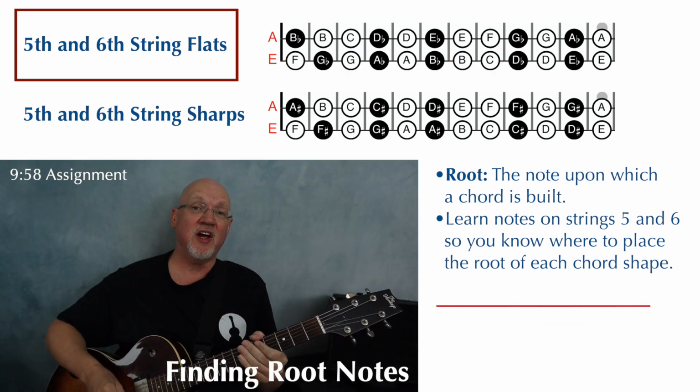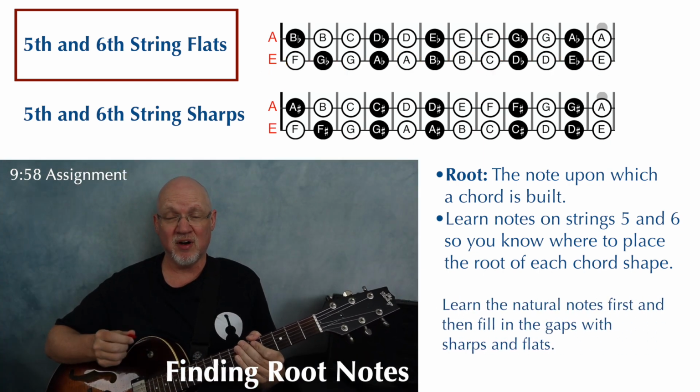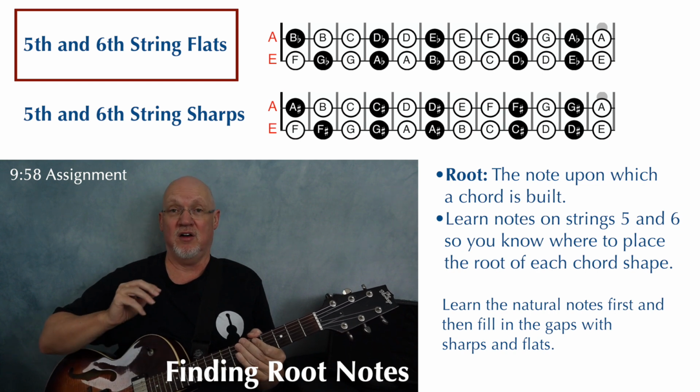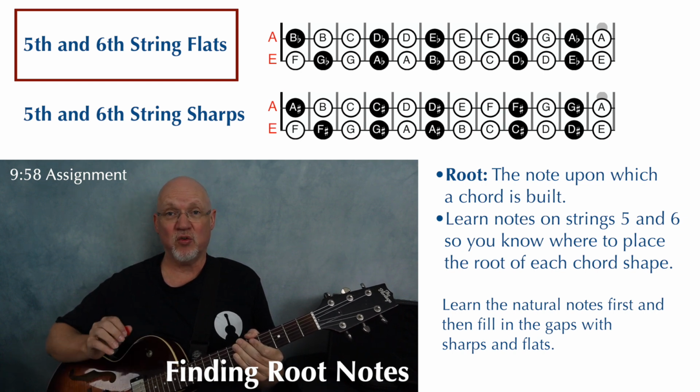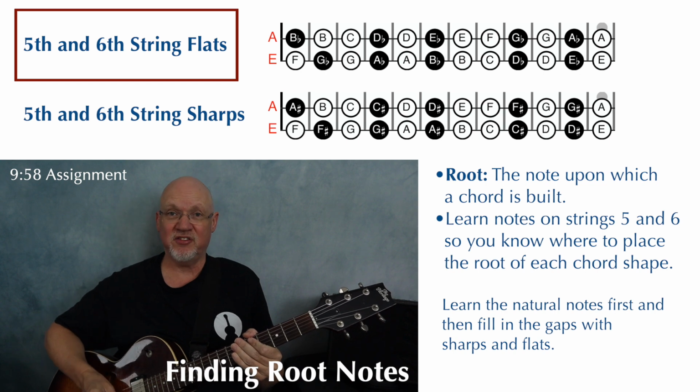When you're memorizing the fretboard, the first thing you want to do is memorize those natural notes, and it's very helpful to know that pattern of 2 frets distance between all natural notes except your B, C, and your E and F. And that's going to apply to all the strings, not just the 6th string.